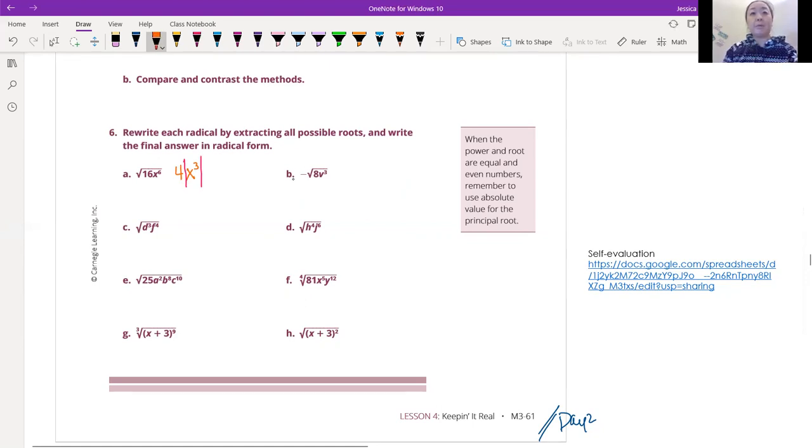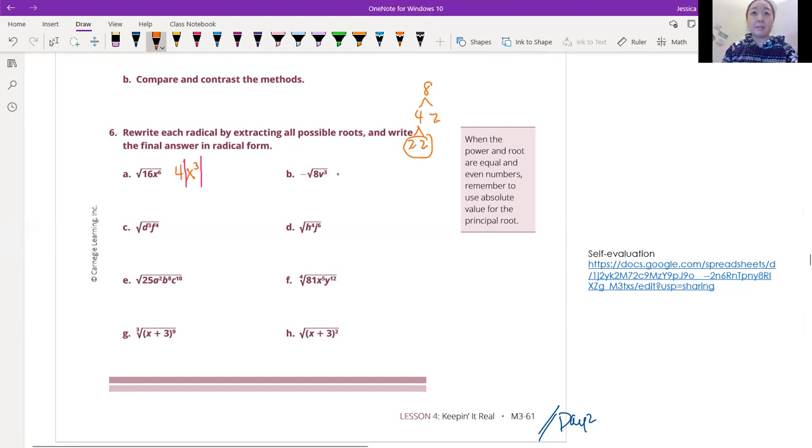All right, number B. So the negative is on the outside. So we're fine with that. And so what is the square root of 8? Ooh, it's not a perfect square. So I'm going to be like, okay, so here's 8. Here's 4 times 2. Here's 2 times 2. So 2 times 2 times 2, right? There's 3 2s, which means 2 of them make a perfect square.